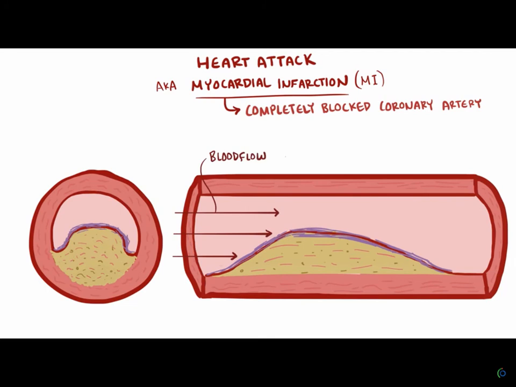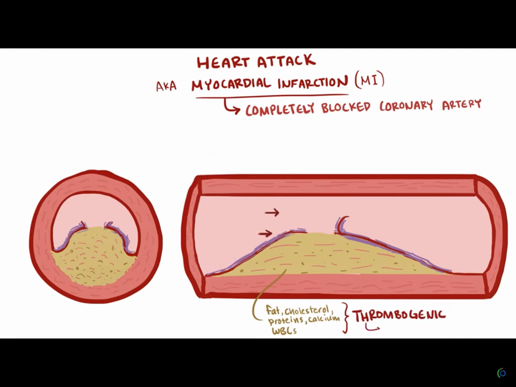And interestingly, it's often the smaller plaques with softer caps rather than the larger ones with harder caps that are especially prone to break or get ripped off. Once that happens, the inner cheesy filling, which remember is this mix of fat, cholesterol, proteins, calcium, and white blood cells, is thrombogenic. And this means that it tends to form clots very quickly.